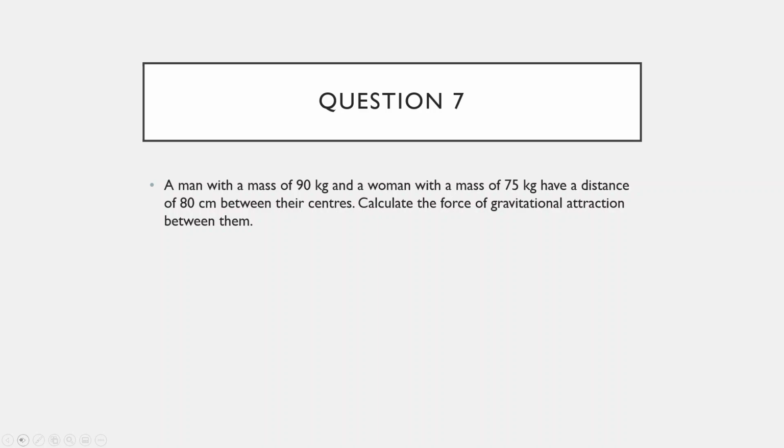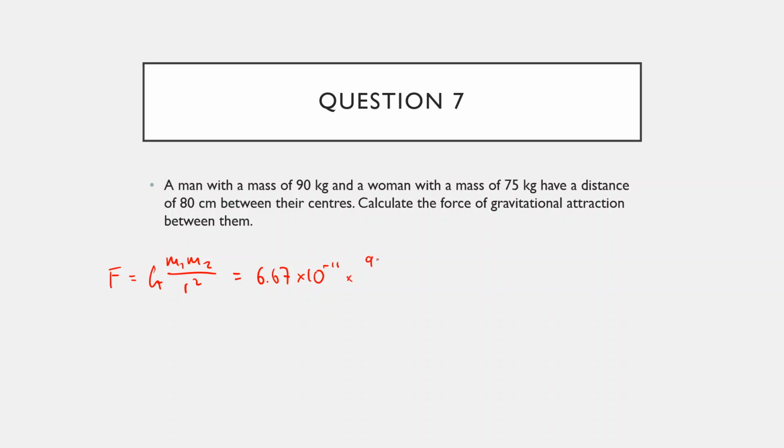So let's apply that equation to a question. Here we've got a man with a mass of 90 kilograms and a woman with a mass of 75 kilograms, with a distance of 80 centimeters between their centers. Calculate the force of gravitational attraction between them. This is simply asking for the force between two objects with a distance between them, so you just apply your formula. G is 6.67 times 10 to the negative 11.